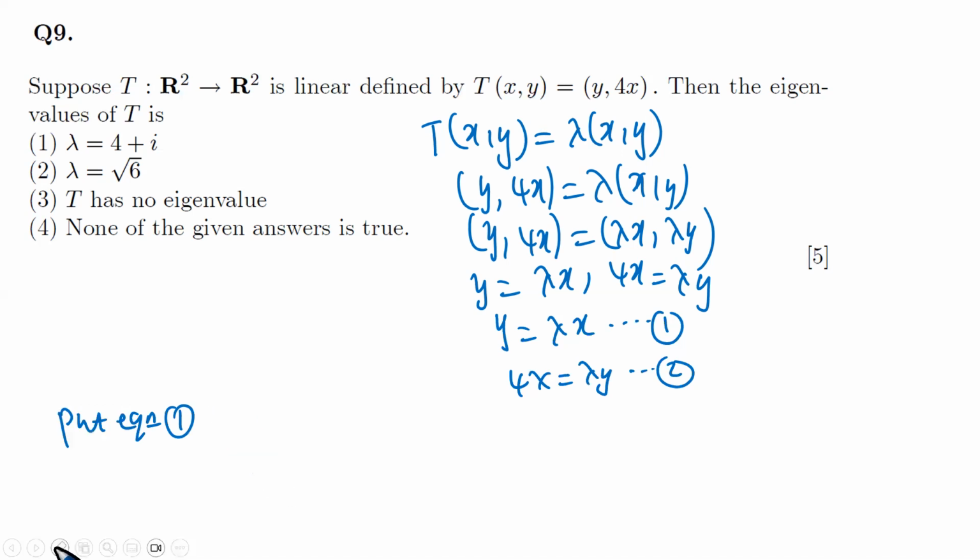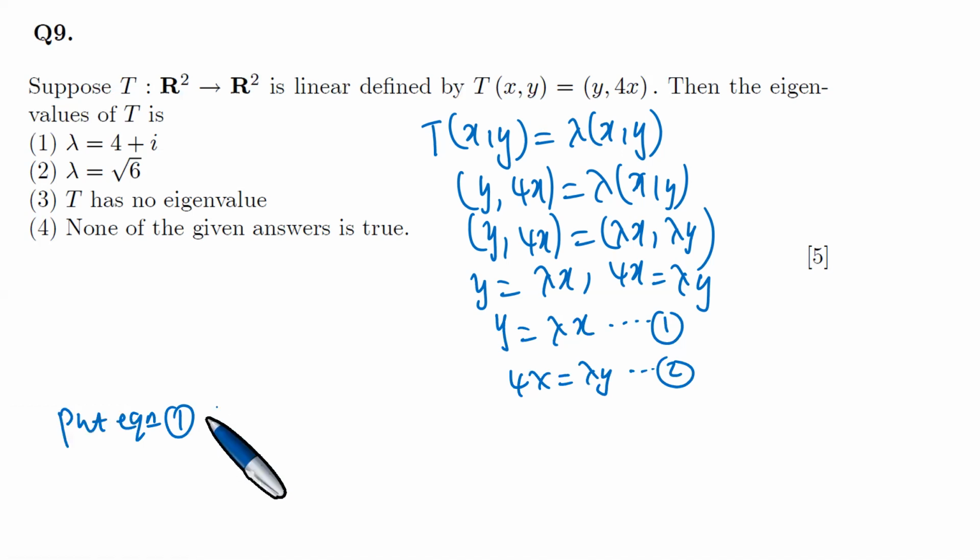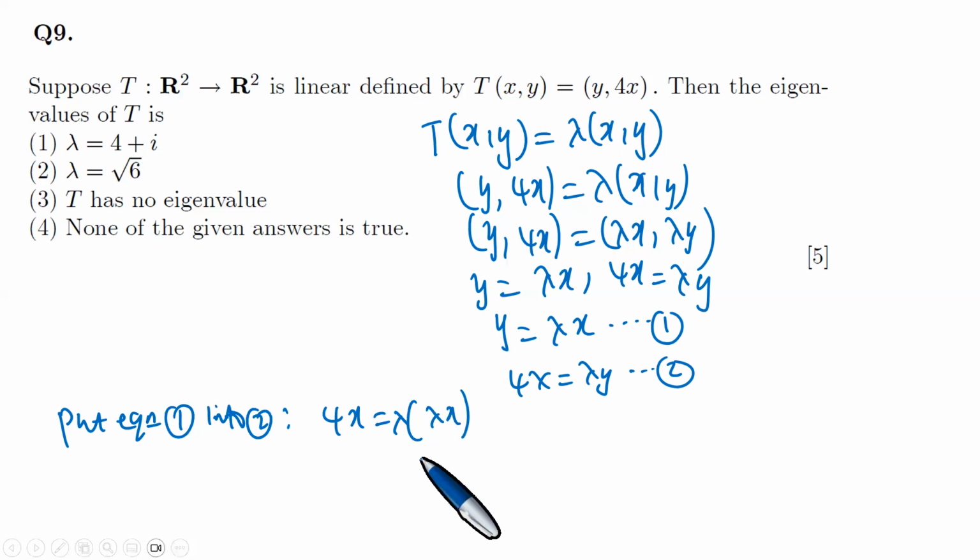Therefore 4x is lambda times y, and y is lambda x, which means 4x is equal to lambda squared x.